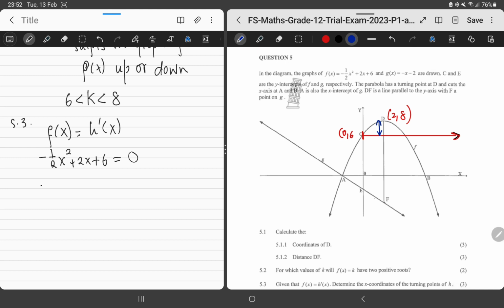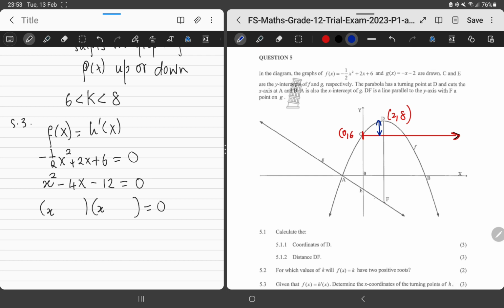And then I'm just going to multiply everything by minus 2. So this is going to be x squared minus 4x minus 12. This is x, this is x.